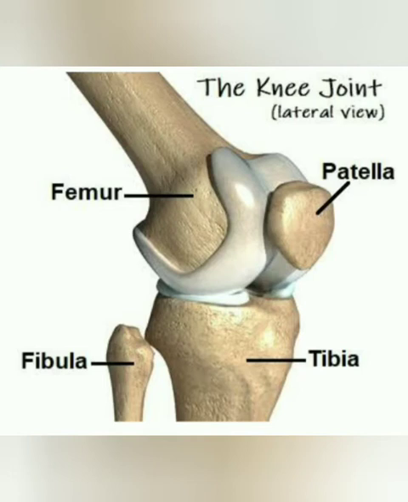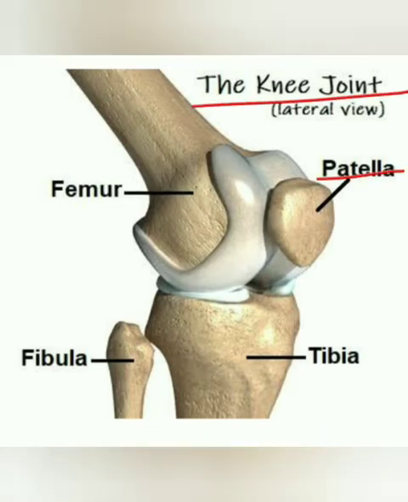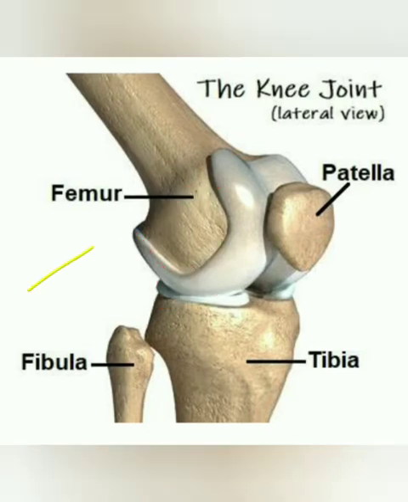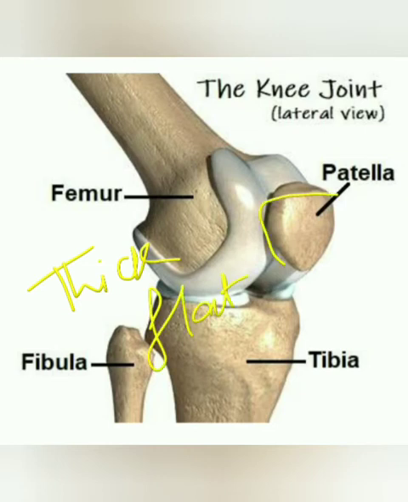The next part is knee joint, also called patella. This term patella is derived from Latin, means small plate. It is also known as kneecap. It is thick, flat, circular triangular bone.